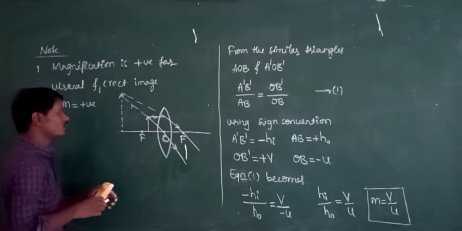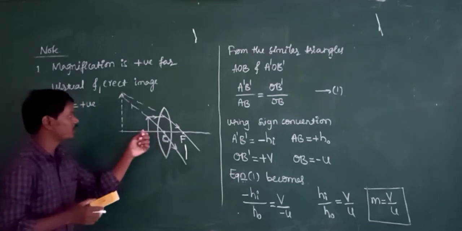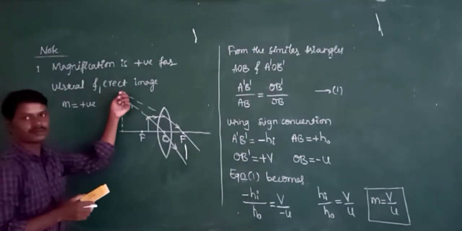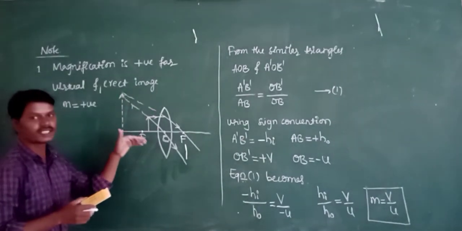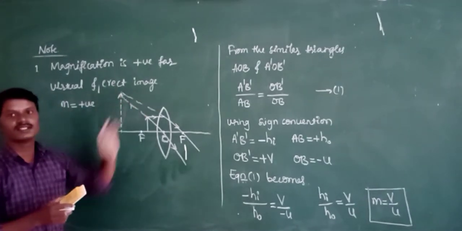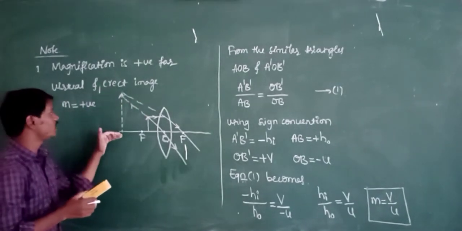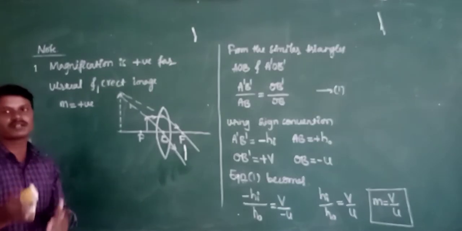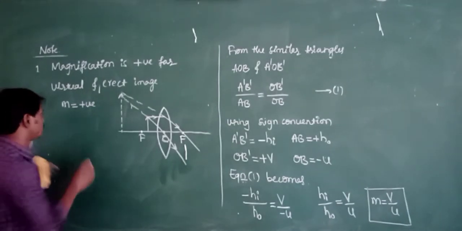Now, what about the height of the image? Height of the object is positive, height of the image is also positive. Positive by positive, again it is positive. Then which type of image is it? It is a virtual and direct image. For the virtual and direct image, magnification is positive. Also we can take it in terms of object distance and image distance.